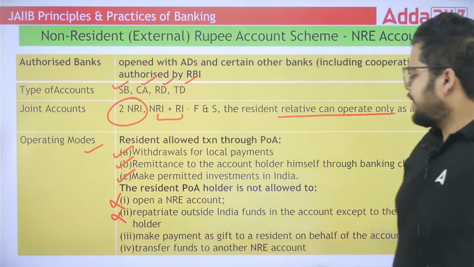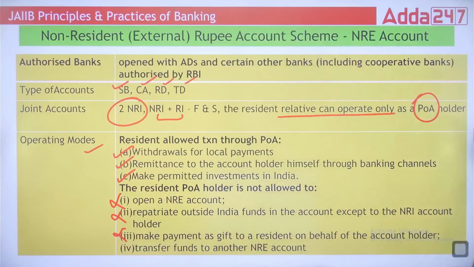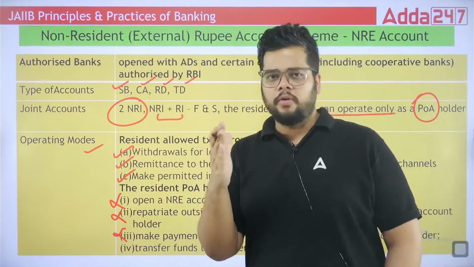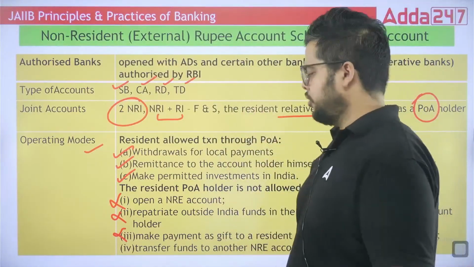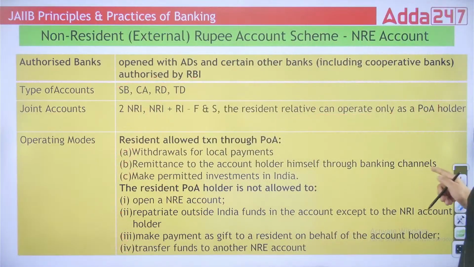Making a payment as a gift to a resident, the power of attorney holder cannot do either. If you want to transfer funds to another NRE account, the power of attorney holder is again prohibited. So transfer of funds is also not permissible.